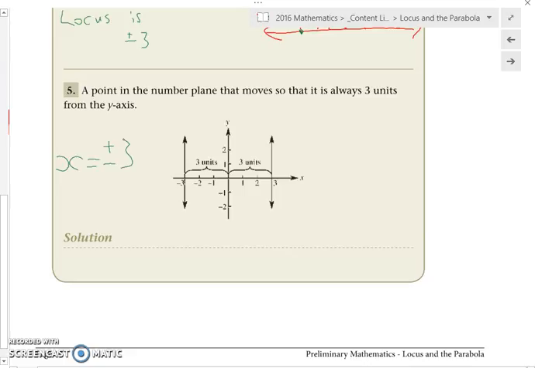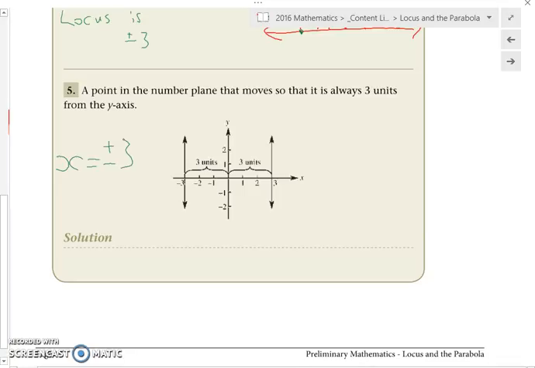Remember, we've gone from just objects and people and doorknobs. We're now starting to get more towards my goat example, where the locus was a circle, which is a mathematical figure, a 2-dimensional figure. What is the locus going to look like? They're going to be lines, right? They're going to be vertical lines. And where are those vertical lines going to be? They're going to be at x equals -3 and at x equals 3.